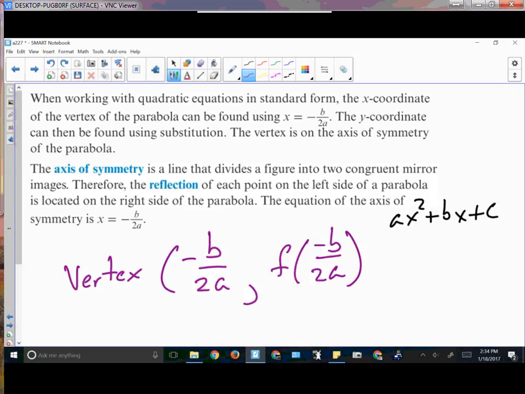All that second part means is, you plug it into whatever equation you've got. You take the b, you take the 2a, put the numbers in, figure out what that is. Take that value, put it into the equation, and see what you get out. This is what we need to use to find the vertex. I'll give you a moment or so to get that.